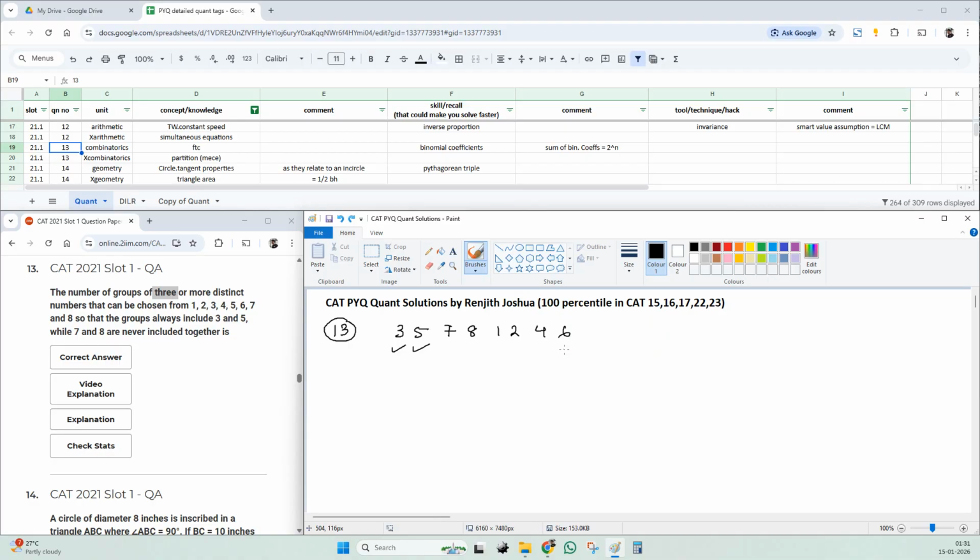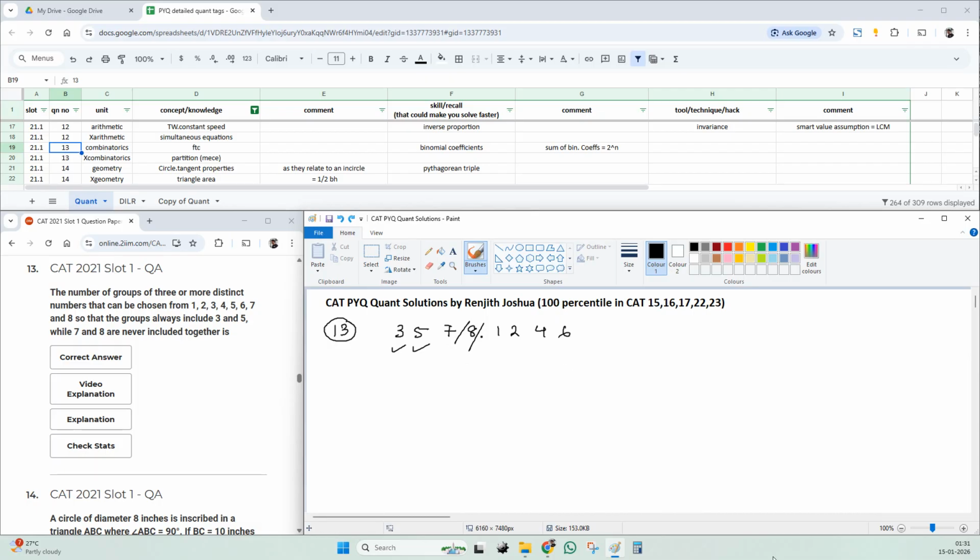That's one condition. The other condition is that you can either select 7 or 8, or you can select neither. They can't be included together, but they can be excluded simultaneously. So either you'll have one or the other or neither, and you have to select at least one item from the remaining 6 items.